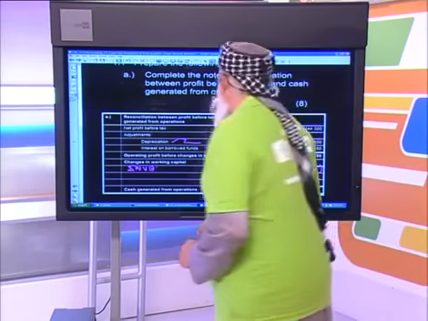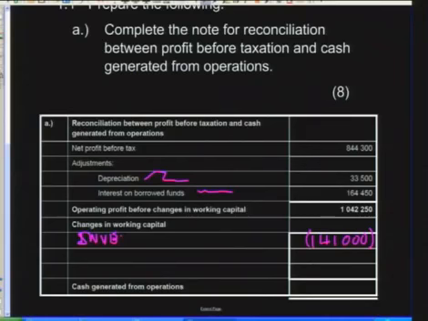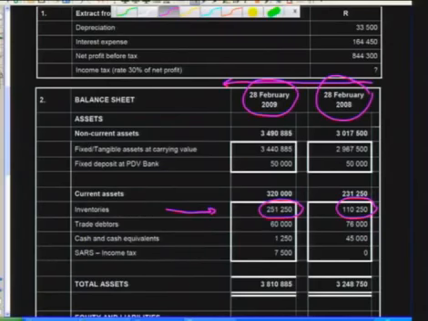Okie dokie. Next one. The next item that I look at is my, watch this one very closely. They tell you in the question that it is trade debtors.